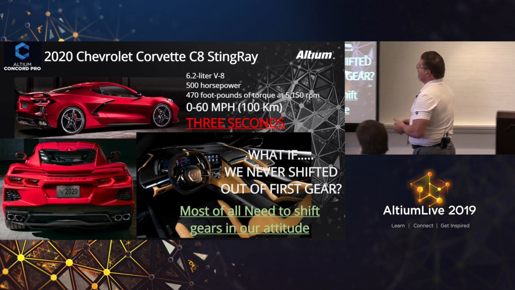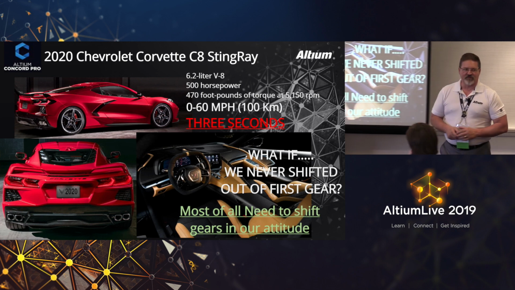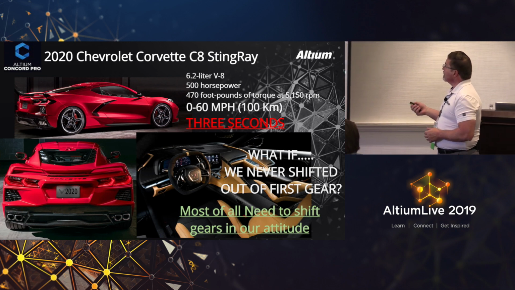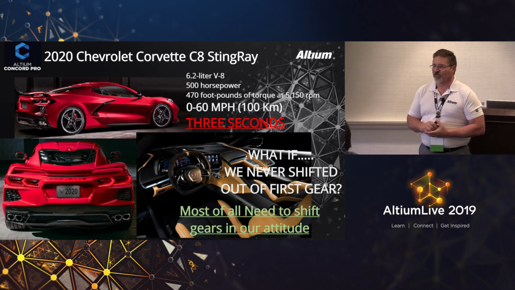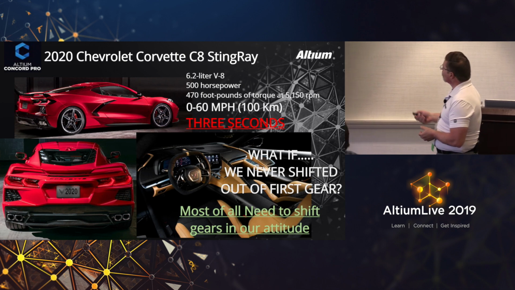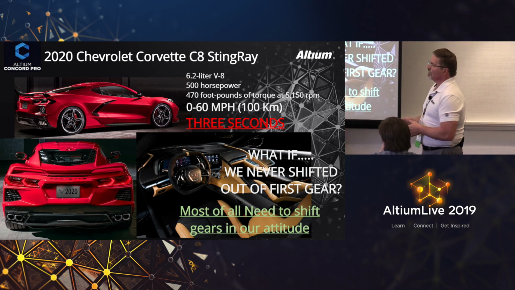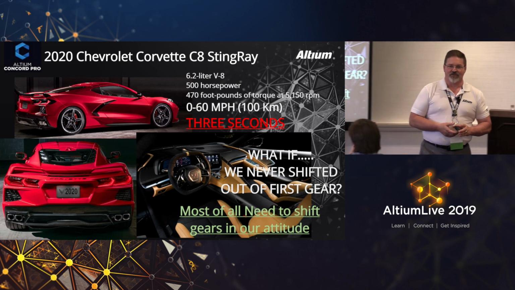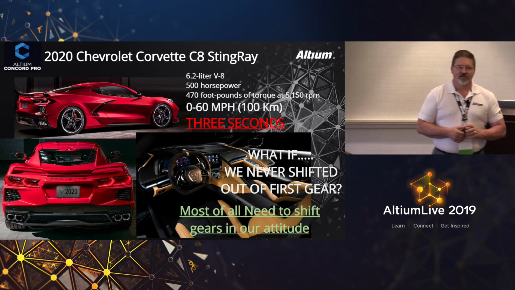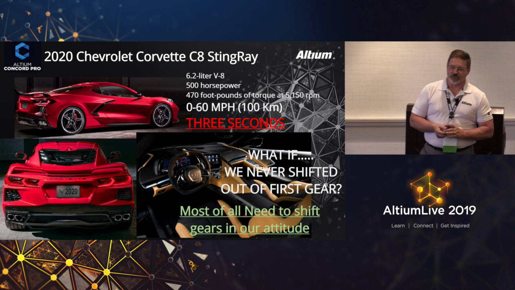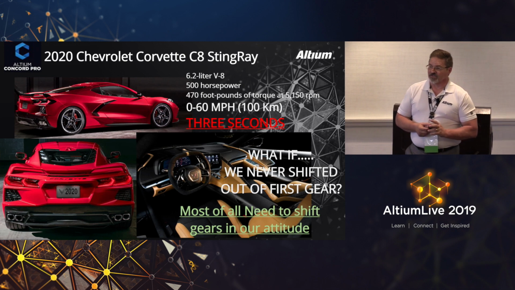But I talked about how in the 2020 Corvette, with this 6.2 liter V8, this 500 horsepower, 470 pounds of torque, you go from 0 to 60 in 3 seconds, shifting through 8 gears, and that's a lot of power.